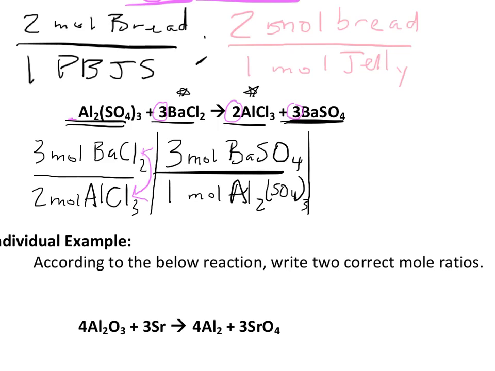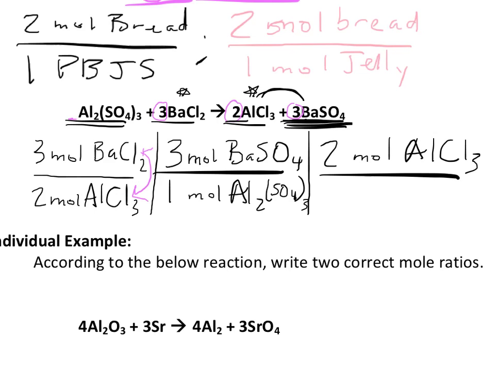And then lastly, why don't we compare these 2 products? We see the ratio is 3 to 2. So we could say if we know that we produce 2 moles of AlCl3, we also must have produced 3 moles of BaSO4. So again, we're just taking the moles of each reactant and product, and we're using that as a comparison.